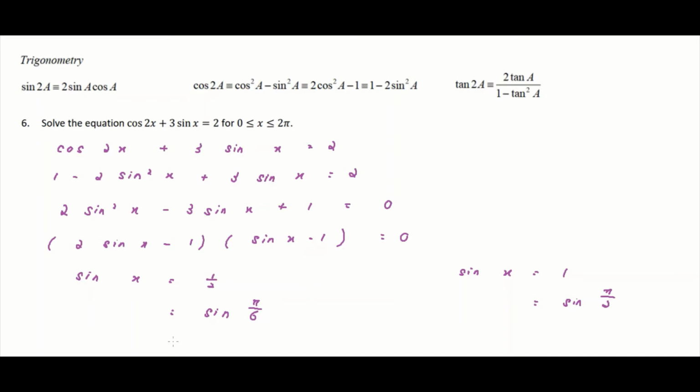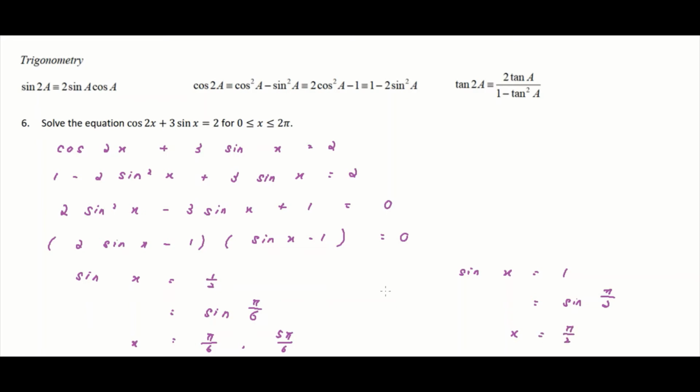Okay, so same thing, try to solve it. For this one, you should be able to get pi over 6, and the other one is in quadrant 2. So using pi minus pi over 6 gives you 5 pi over 6. Then for this one you have only 1 answer, which is pi over 2.